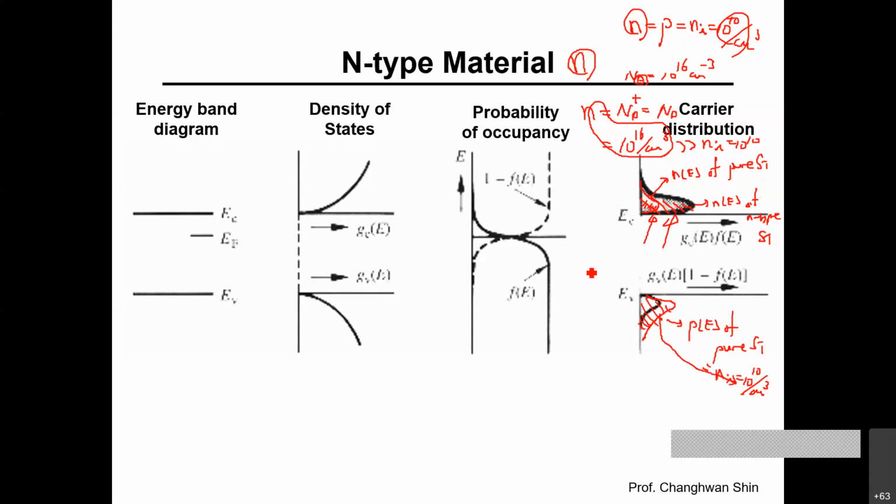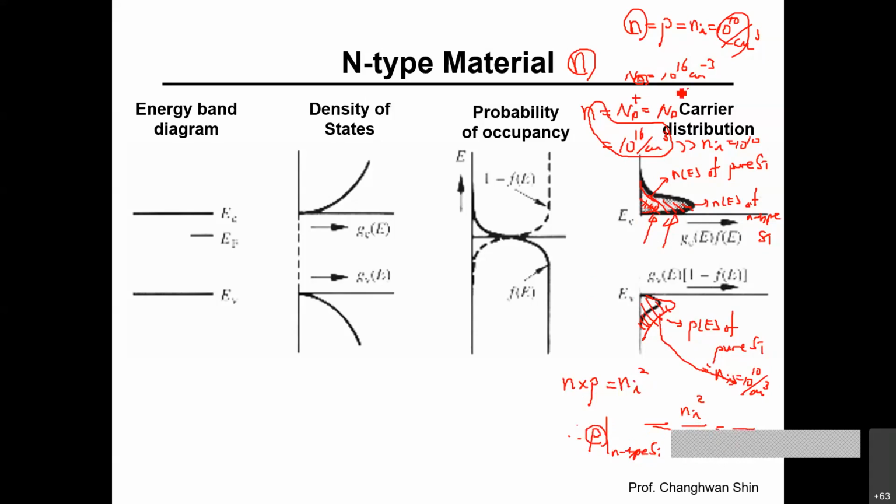Now, donors have been injected so that the number of free electrons has increased a lot and matched the donor concentration. However, following the mass action rule, n times p should be equal to n i squared. So in n-type silicon, the minority carrier concentration is equal to n i squared over n.